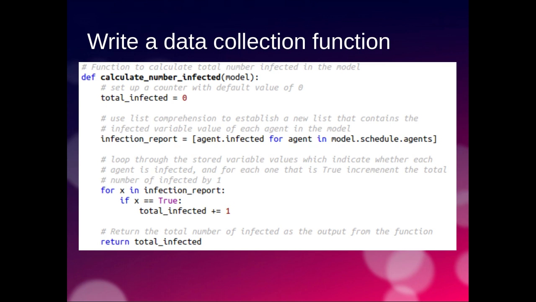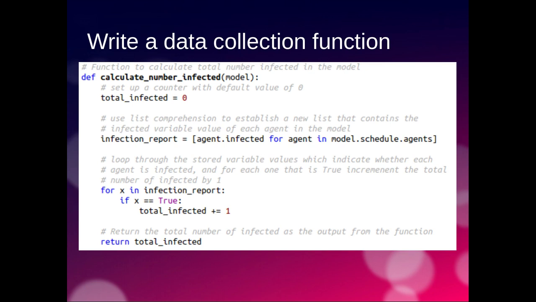So here, we're trying to calculate the total number who are infected, so we want to grab the infected variable value, which is a Boolean variable that says true or false in each agent. We want to grab that for each agent in our model and put that in a list. So we're going to end up in our list here, which I've called infection report, with a list of trues and falses, which represent whether each agent is infected or not.